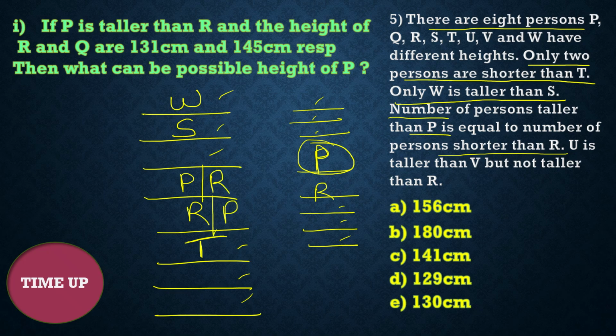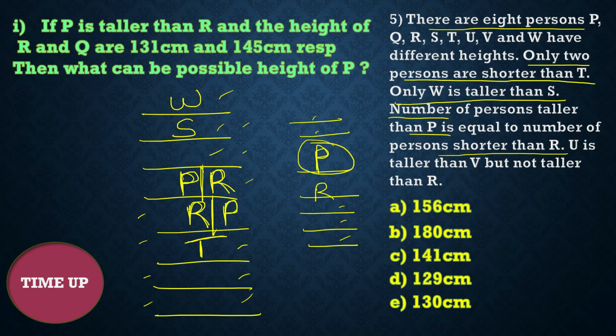Then the number of persons taller than P will be 4, and the number shorter than R will be 4. So we are not sure where to place P and R. Exact information for P and R is not given in the question. They have said the number of persons taller than P is equal to the number of persons shorter than R. That's it. So you can place P here or R here, or R here or P here.